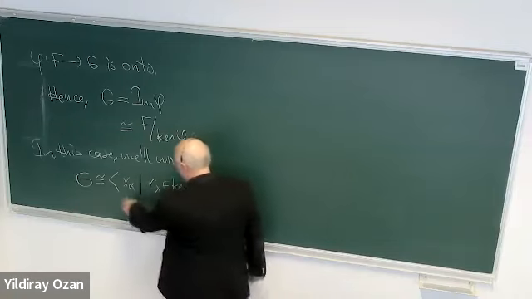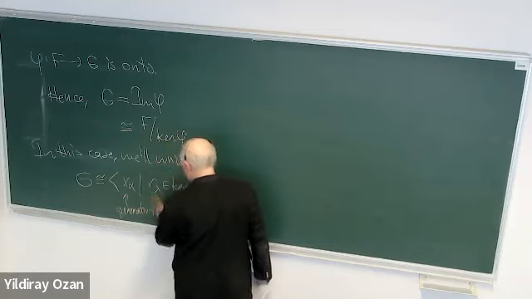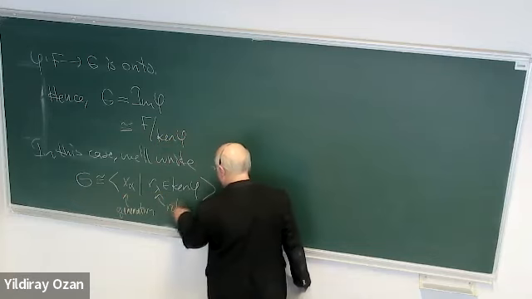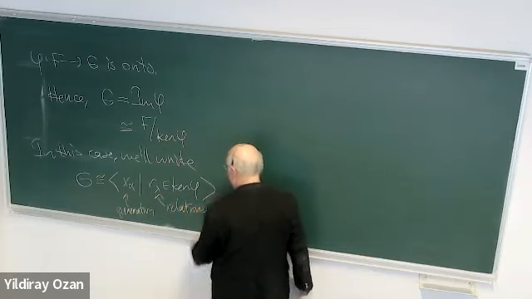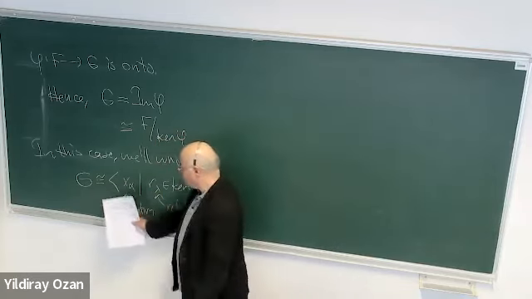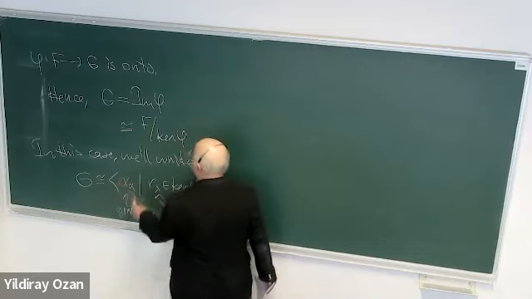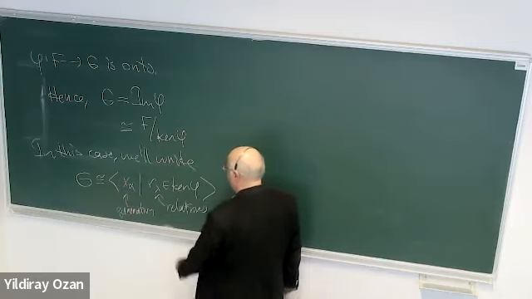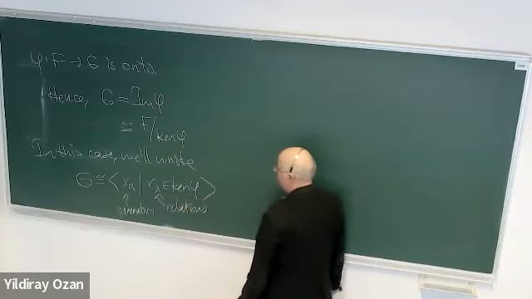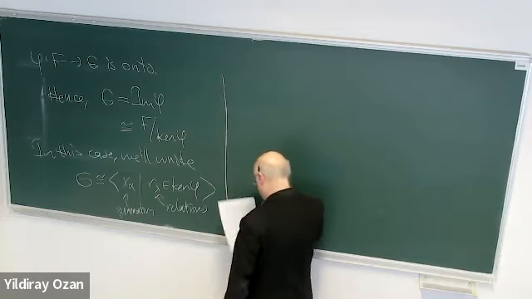So these will be called generators, and the elements of the kernel will be called relations. Okay. So G is isomorphic to the following. It's generated by the elements of the free group modulo the elements of the free group, which lies in the kernel of the homomorphism phi. Okay.